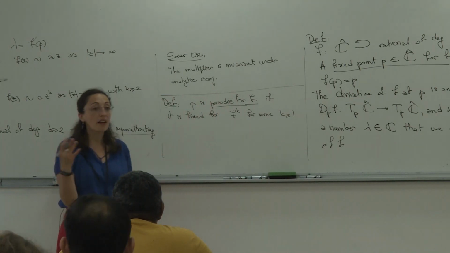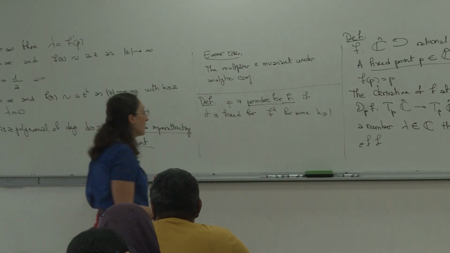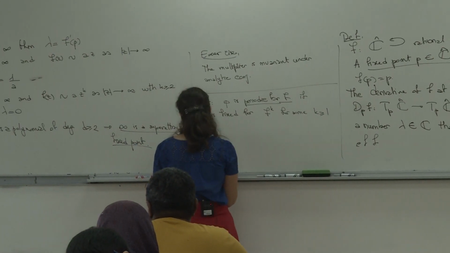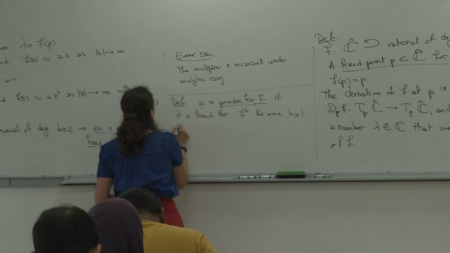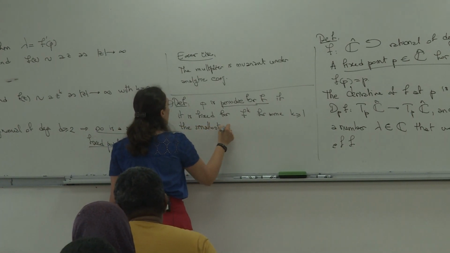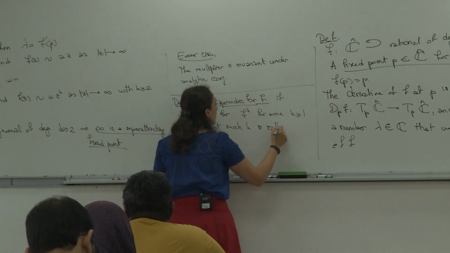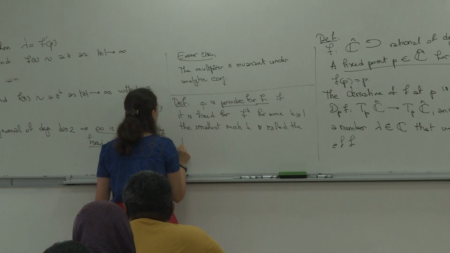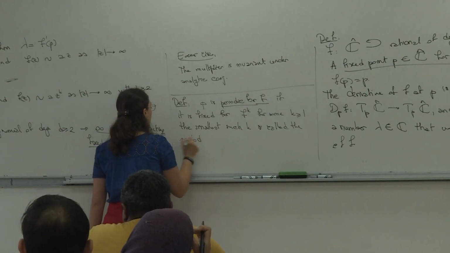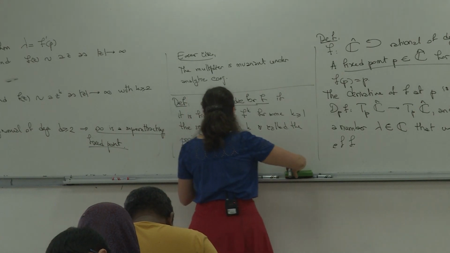So actually, a fixed point is a periodic point of period 1. Actually, you can also say the period. So the smallest such k is called the period of P under f.